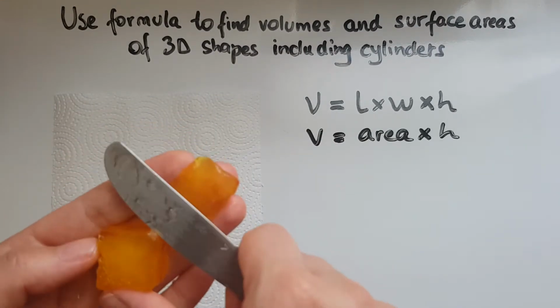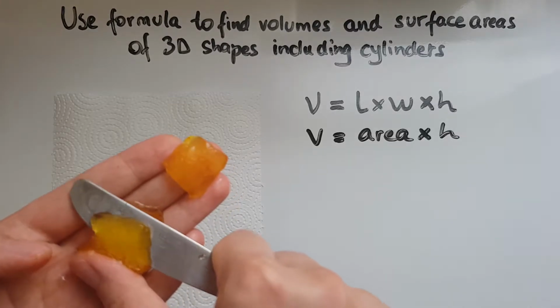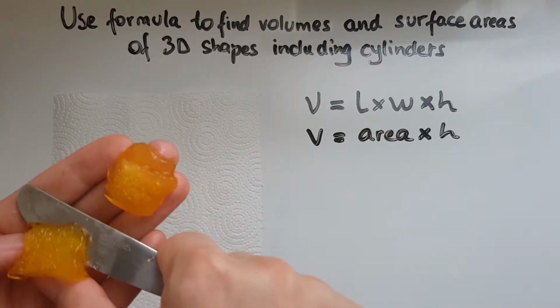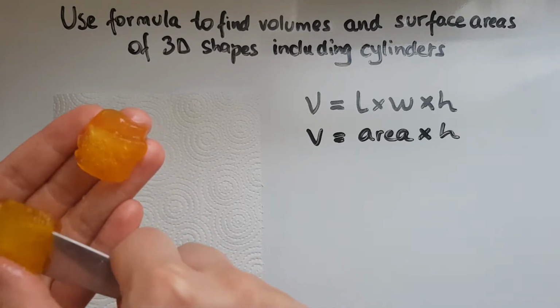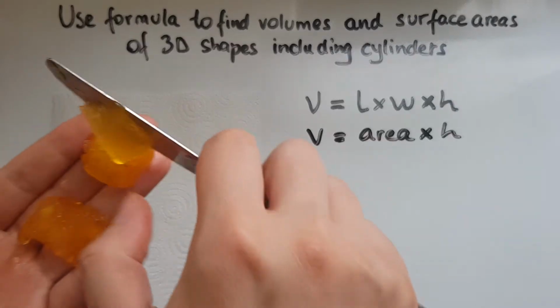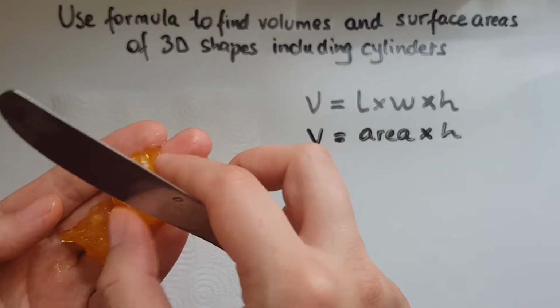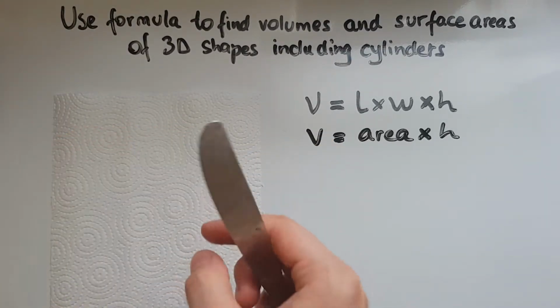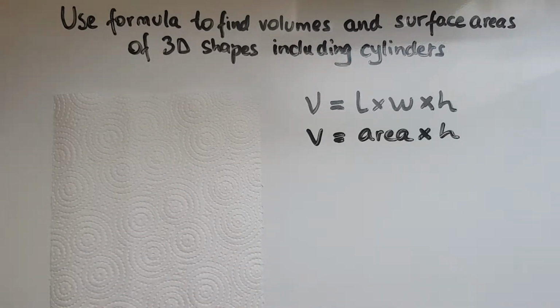And what volume is, is that surface area repeated so many times. So there are layers and layers of it within the shape. So if I stack them up again, that would make the volume. So that is another way of working out the volume.